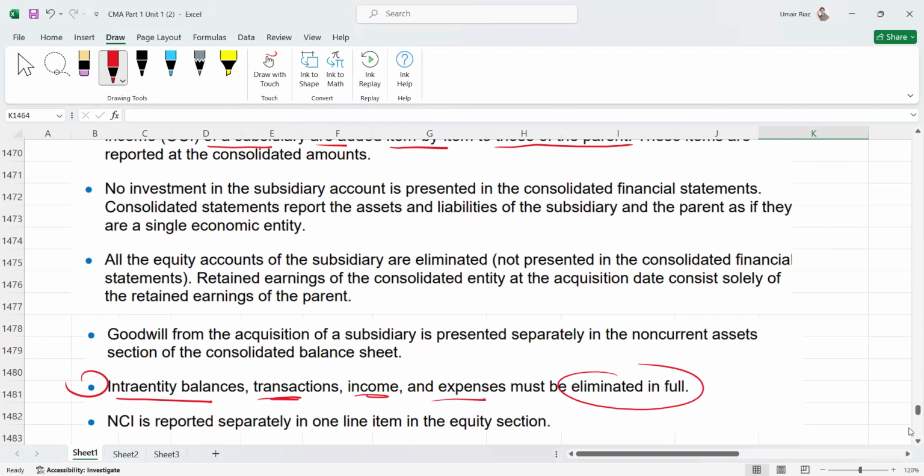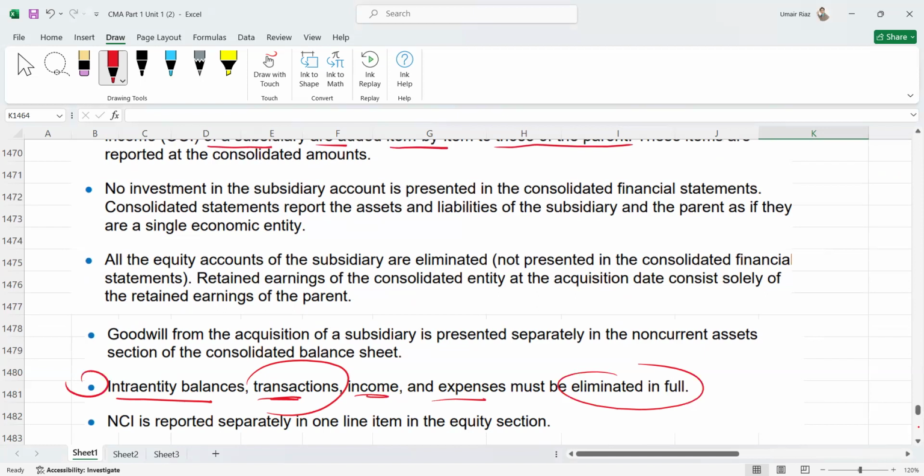Intra-entity balances mean, for example, maybe a subsidiary has to receive some money from the parent, or the parent has to receive some money from the subsidiary, so there could be receivables in one set of books and payables in the other. Or sometimes there might be intra-entity transactions, like the subsidiary selling inventory to the parent, or the parent selling inventory to the subsidiary, or the subsidiary selling a non-current asset to the parent, or the parent selling a non-current asset to the subsidiary.